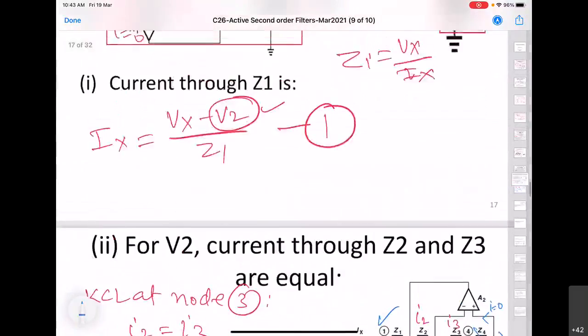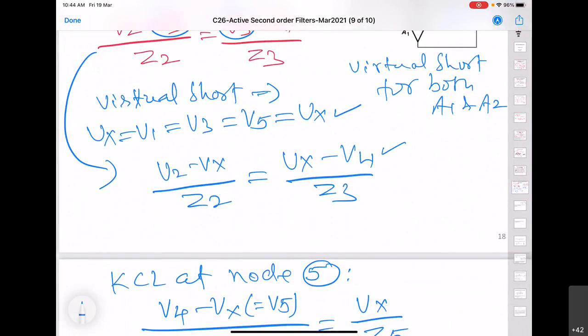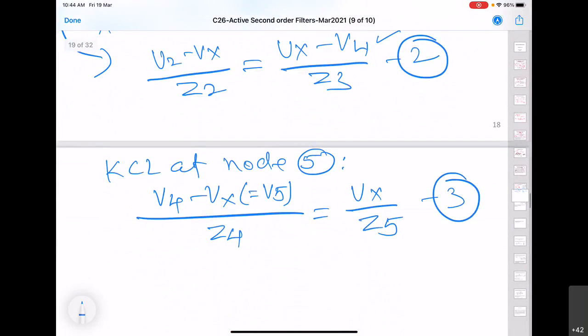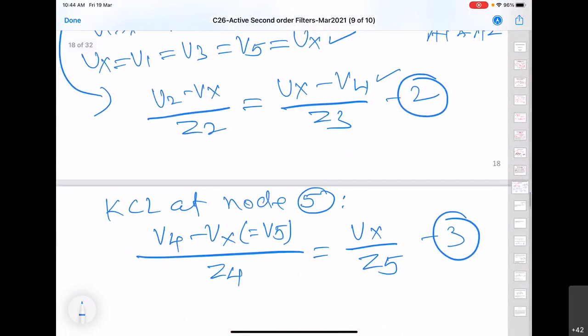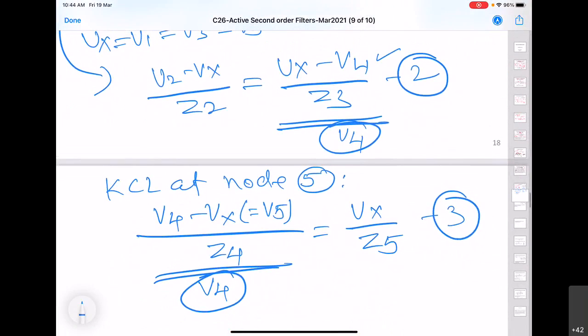So we have equation 1, then equation 2, and then equation 3. You can see that in equation 2 the unknown V4 appears on the right side, and in equation 3 the unknown voltage V4 appears on the left side. So we can multiply equations 2 and 3 so that V4 gets eliminated, and we have only V2 and Vx left.